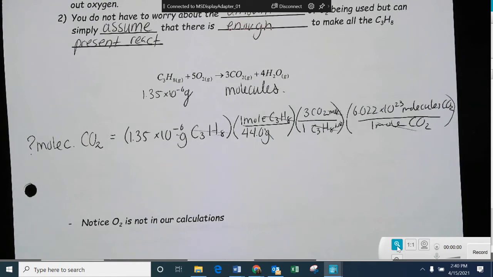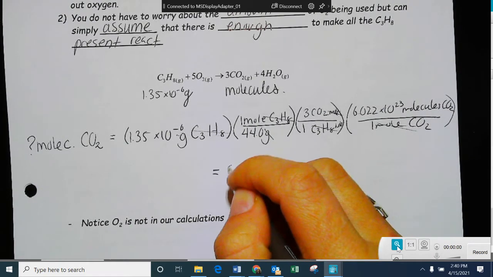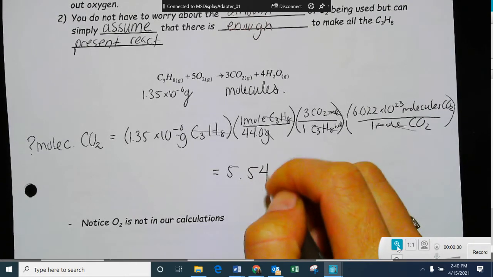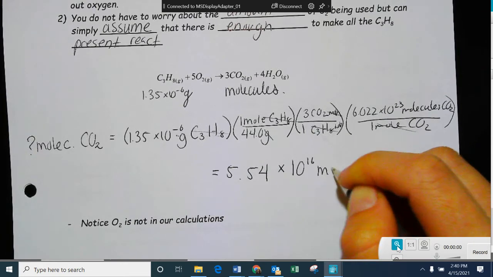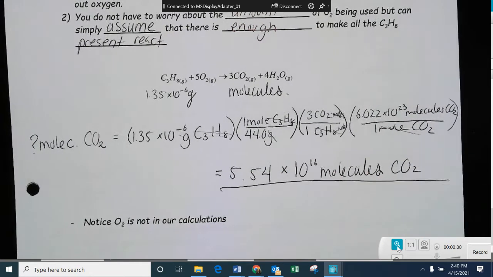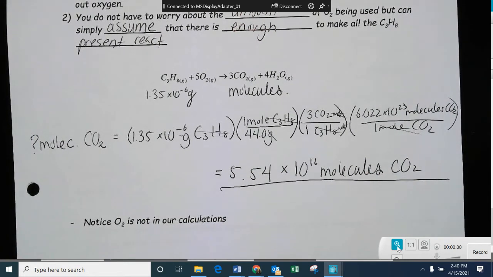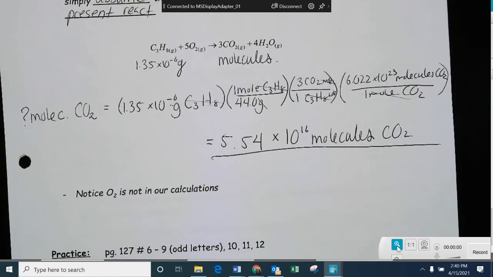And if we do all of this correctly, what we should end up with here is 5.54 times 10 to the 16 molecules of CO2. And then, yeah, just a note, oxygen is not in that calculation. It does not need to be there because we just have so much of it that it completely reacts.